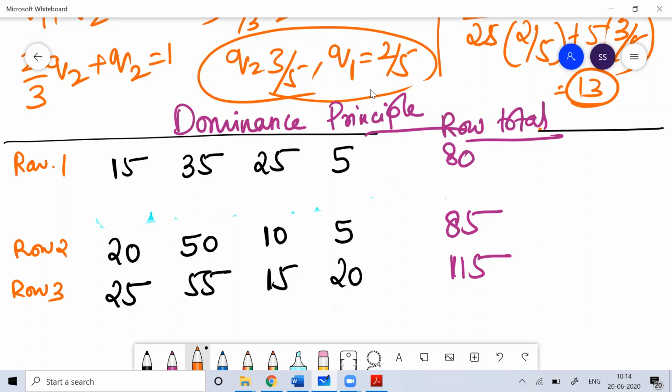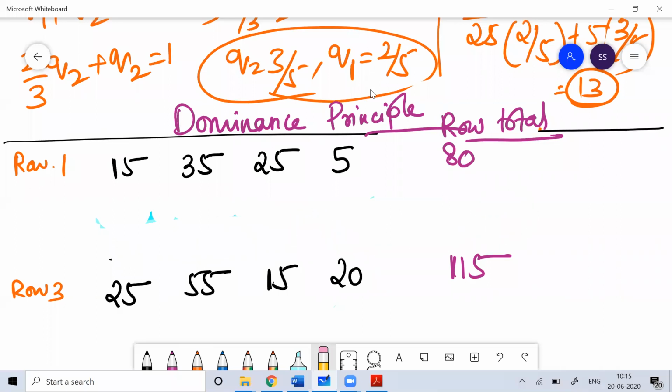Compare row 2 and row 3. 25 is more than 20, 55 is more than 50, 15 is more than 10, and 20 is more than 5. You can see all the elements of row 3 are more than all the elements of row 2, so row 2 will be deleted.